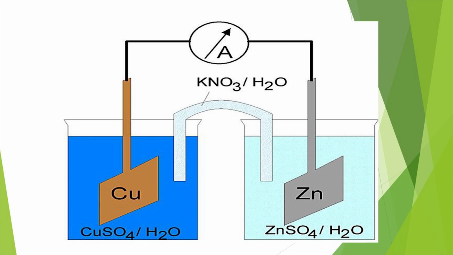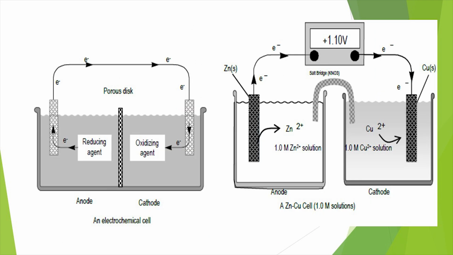The two ends of the liquid junction are dipped in respective electrode units. This liquid junction can also be made by a permeable membrane or porous partitioning which allows ions to pass through it.